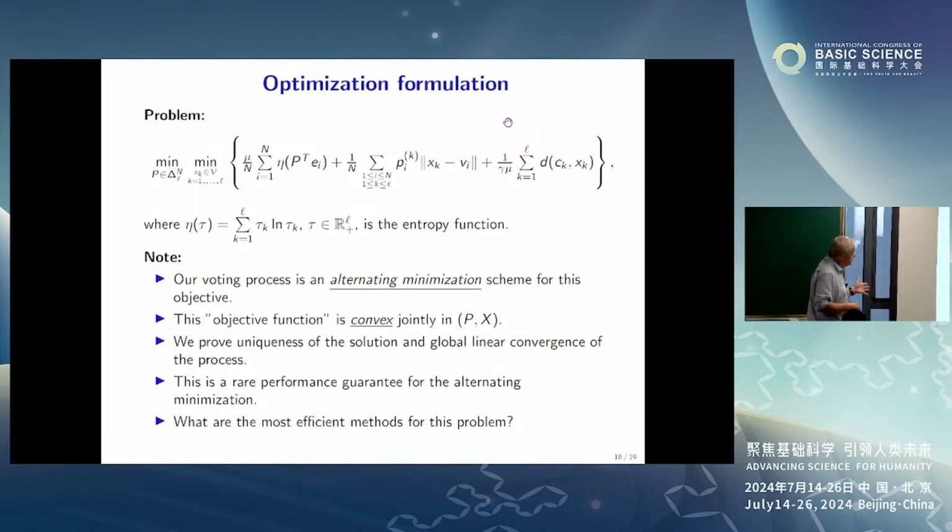Of course, nobody says that, but this is a proof.